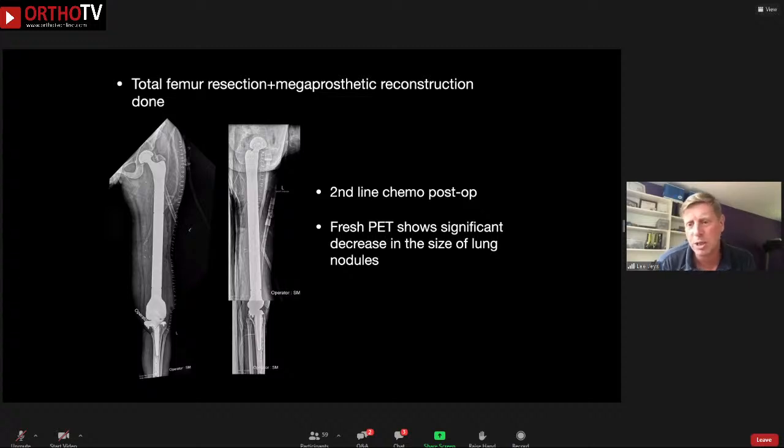So I think the principle again goes back to right diagnosis at the beginning, followed by systemic therapy for things that can have systemic therapy, and then as radical surgery as possible. At least we should advise that for the patients, and then the patients should decide whether they want that. But I think our advice should always be for second line chemo, and then as wide a margin as possible.